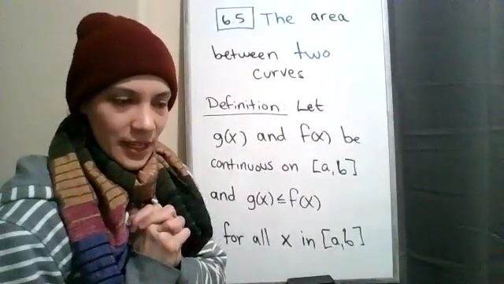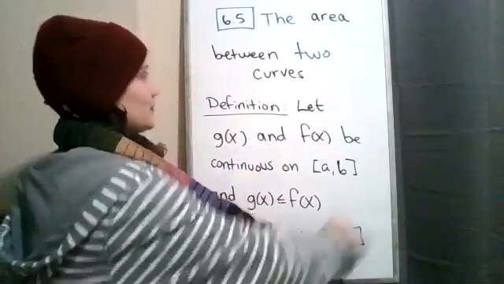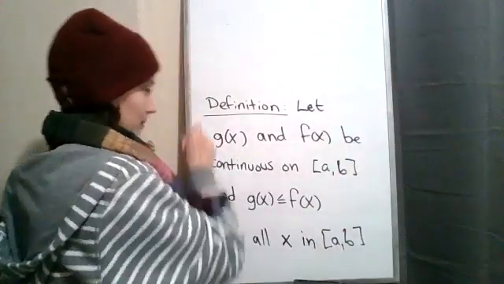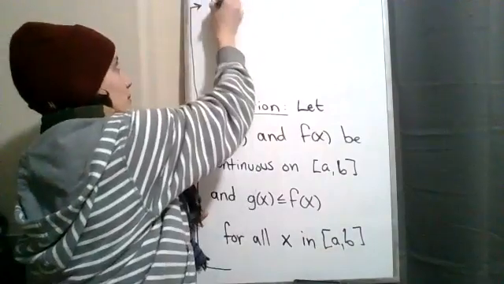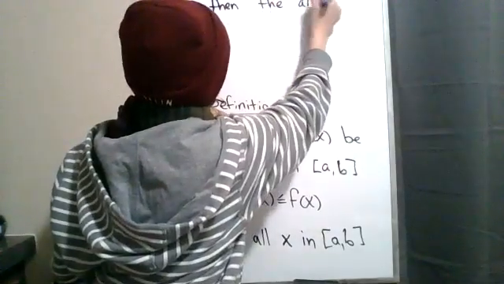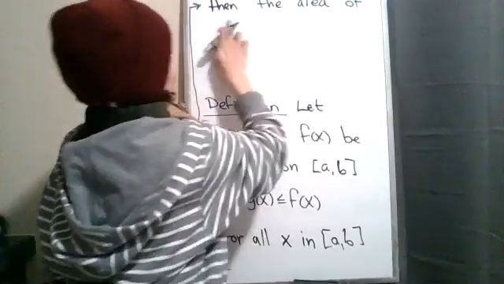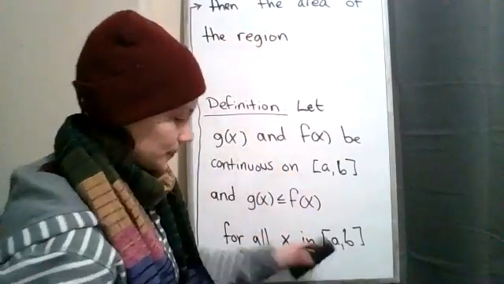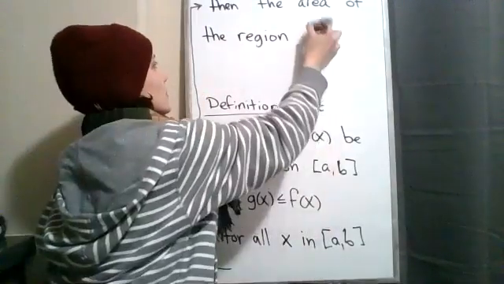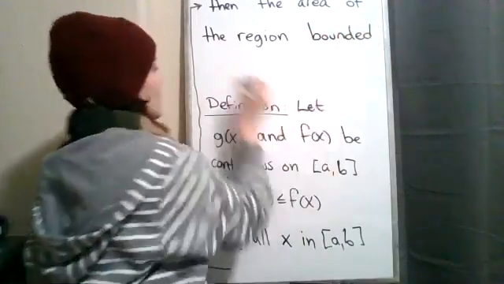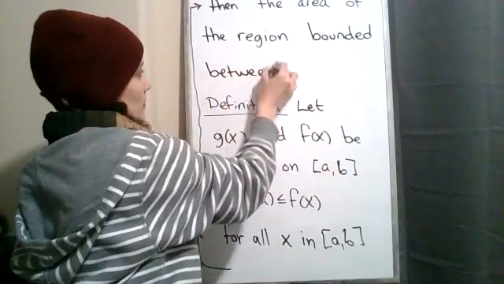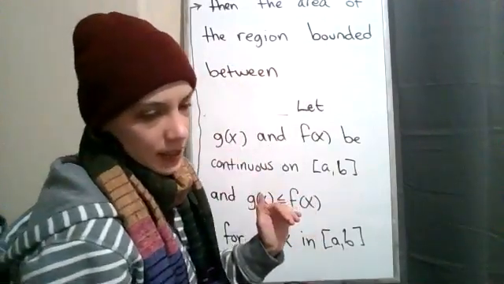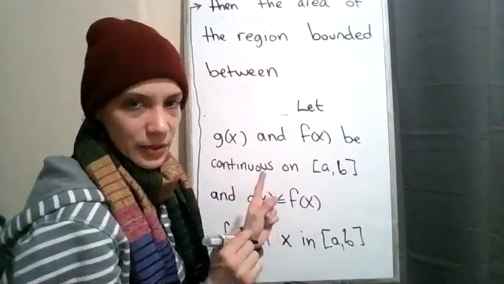All right, so the area of the region bounded between the graphs of f and g and the lines x equals a and x equals b.